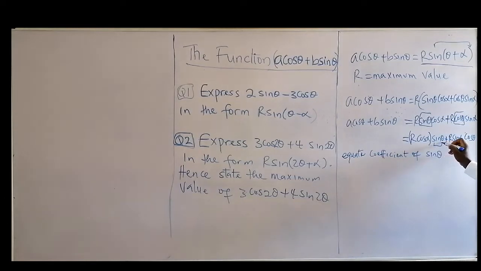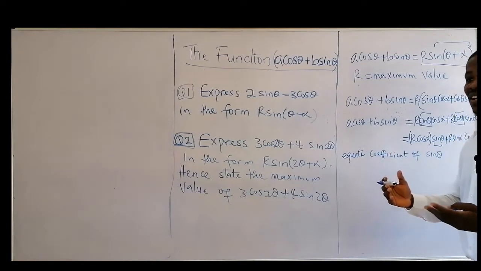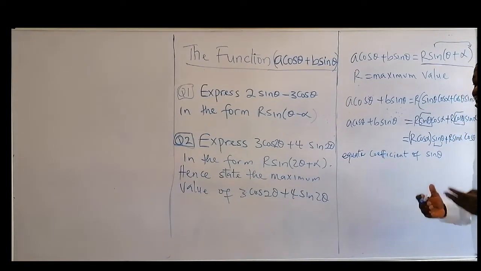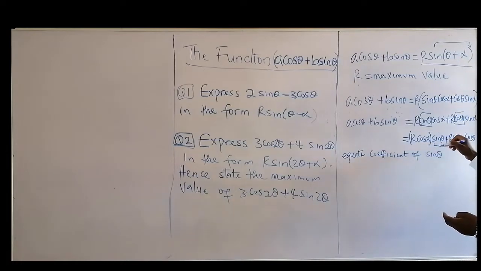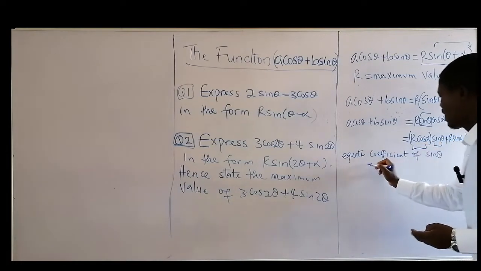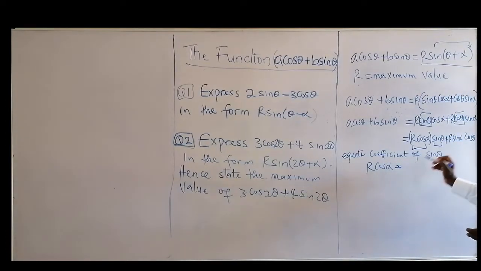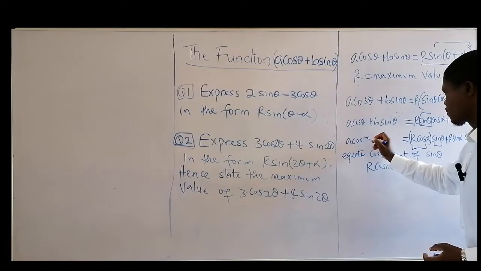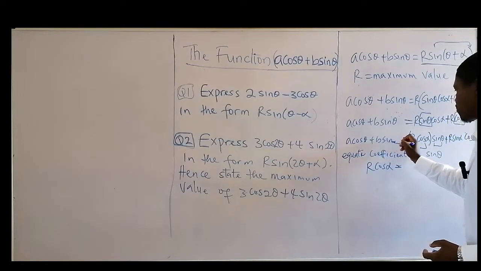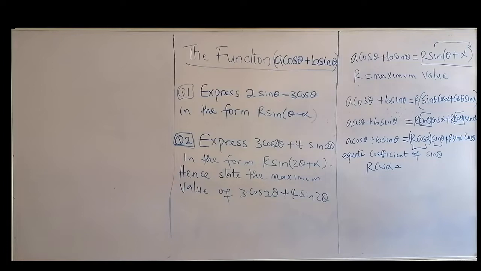The coefficient of sin θ means what is attached to sin θ, and that is r cos α. That's what is called the coefficient, and that equals b, equation 1.